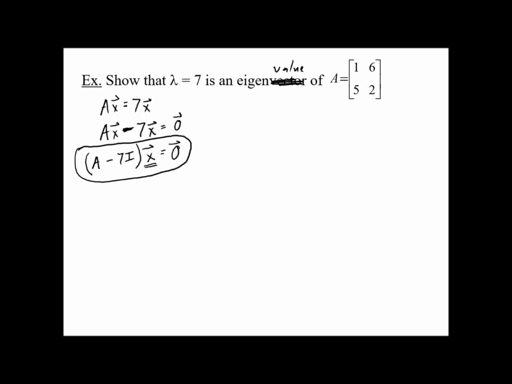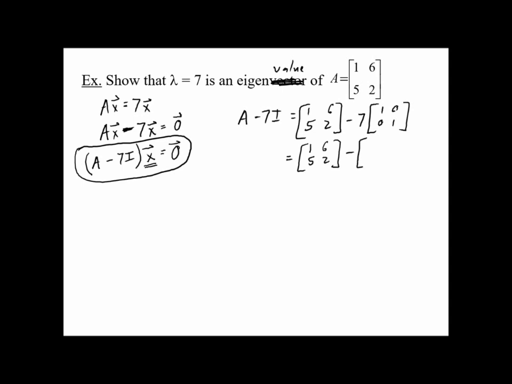Now let's remember A minus 7I. A was [1, 6; 5, 2], minus 7 times I, which would be [1, 0; 0, 1]. If I bring in that 7, this becomes [7, 0; 0, 7]. And if I subtract this, notice that only the main diagonals change.